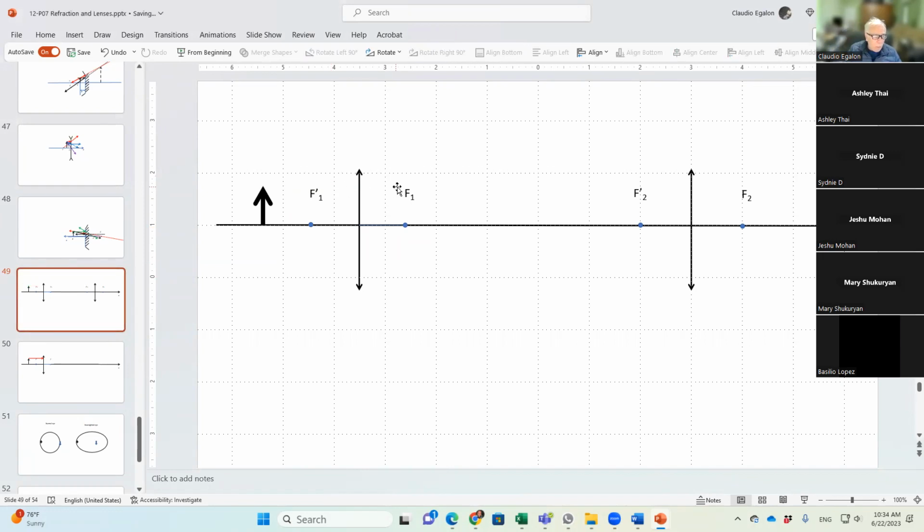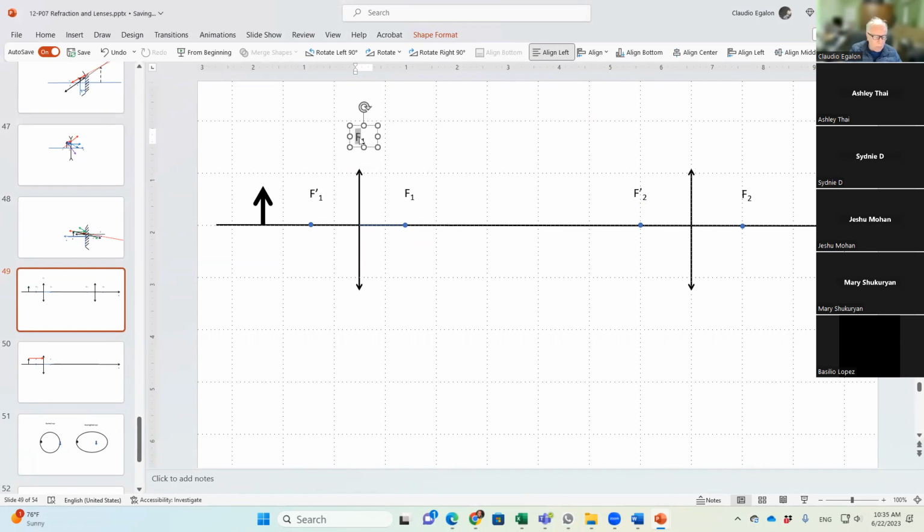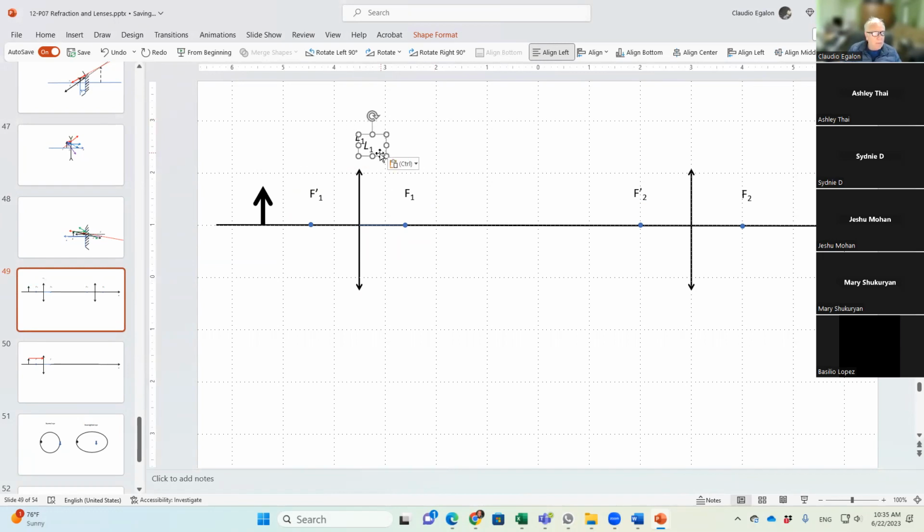I'm going to call that L1, lens 1. And that's going to be L2.